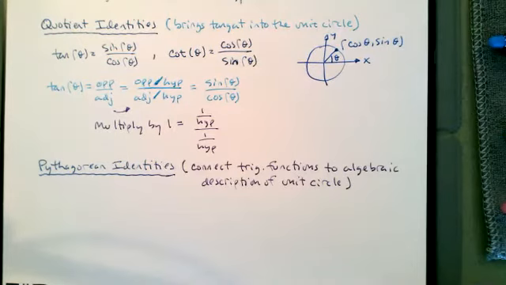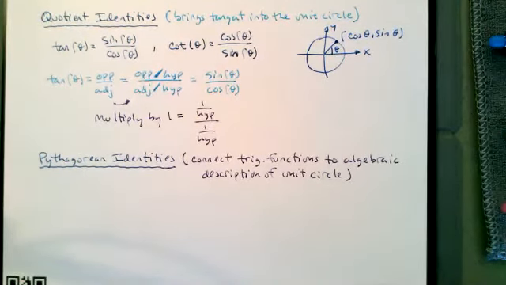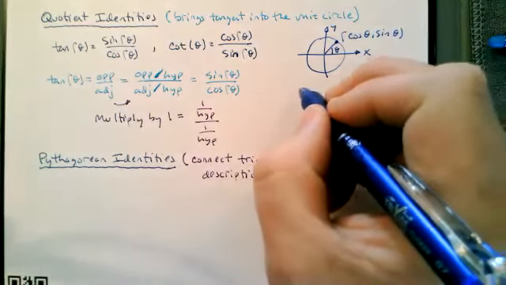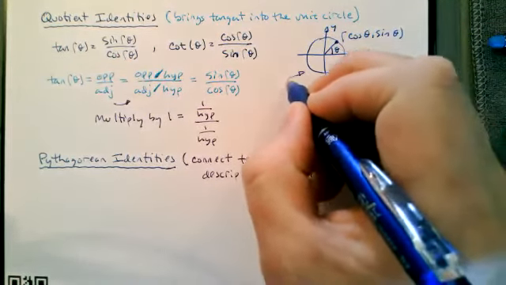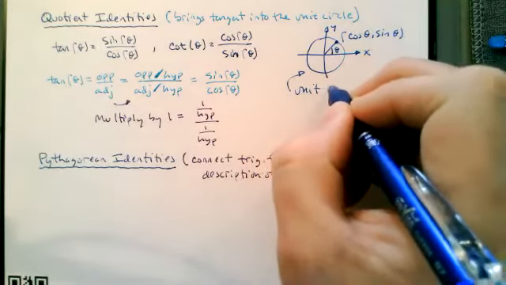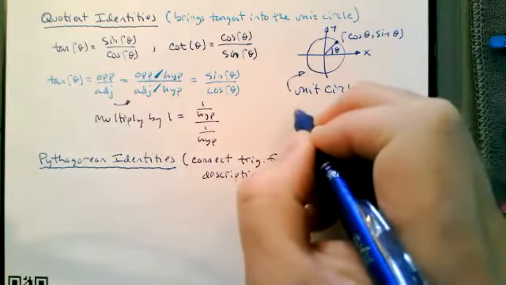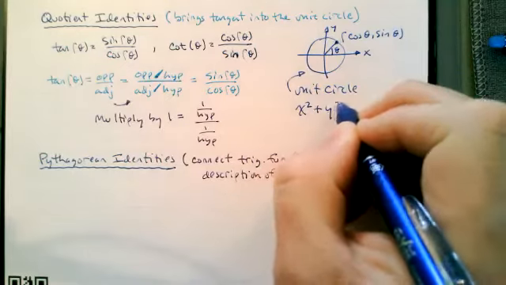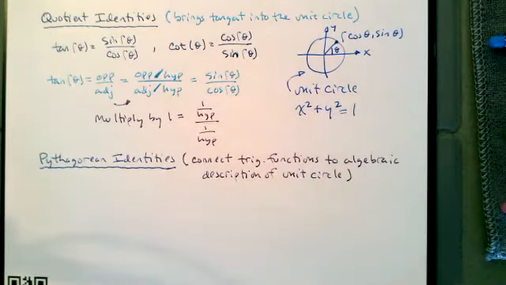The equation for the unit circle is x squared plus y squared equals 1, a circle centered at the origin with a radius of 1.